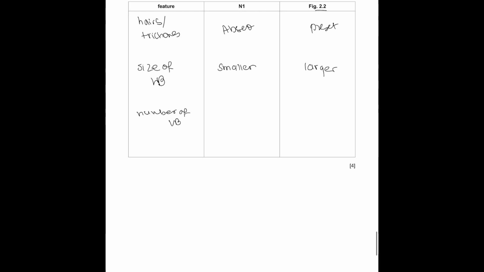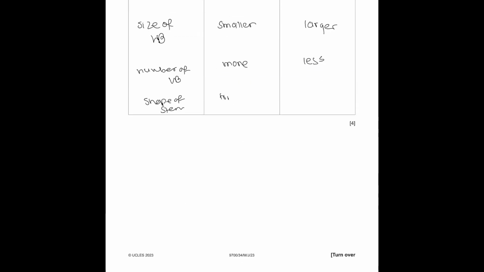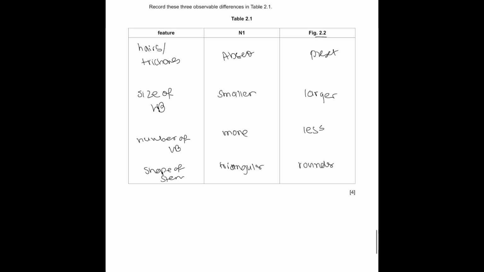That one is obviously more. So here is more and here is less. Okay, and then lastly we can see the shape of the stem. I can see that this one is triangular and the other one is rounded. And lastly, don't forget the other mark is for making the lines on the table.